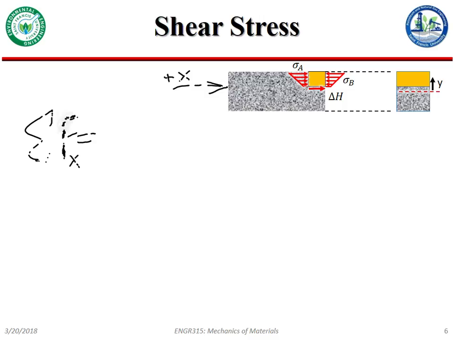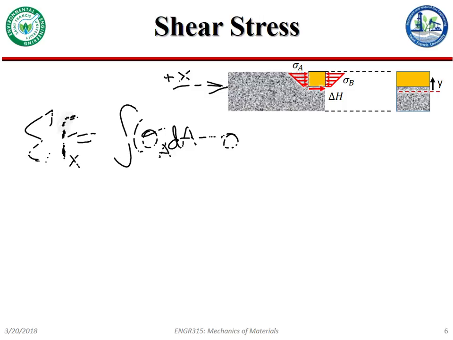And I can do it for sigma b too. And essentially that's the integral of sigma a times some differential area. So stress times area all the way across each little step across that face.